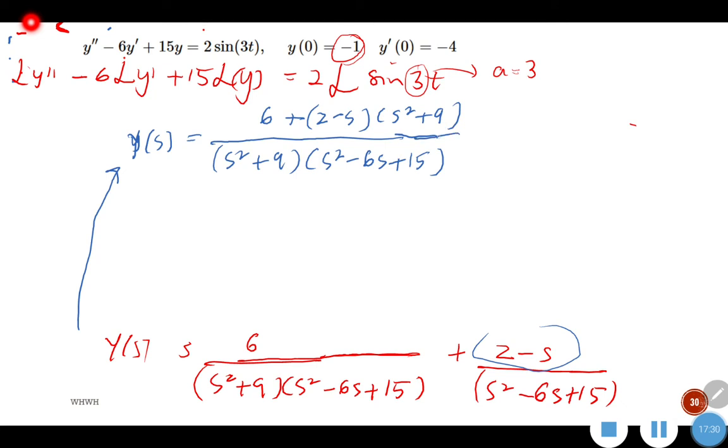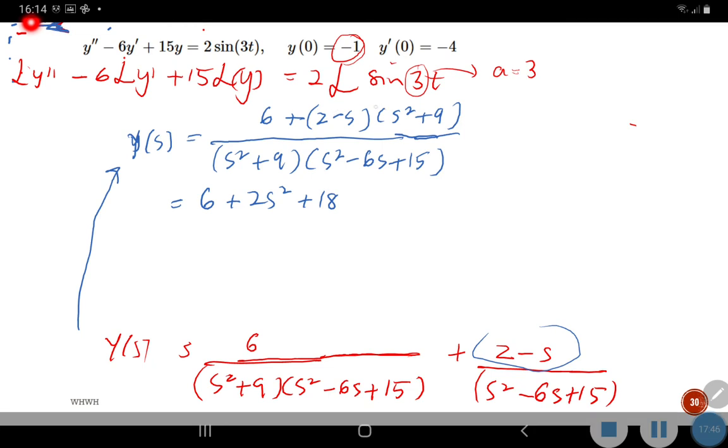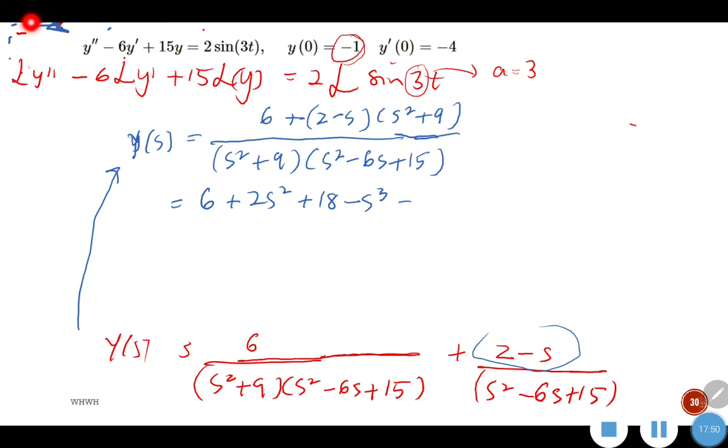When you expand, you will get 6 plus 2 s square plus 18 minus s cube minus 9s over s square plus 9 multiplied with s square minus 6s plus 15.